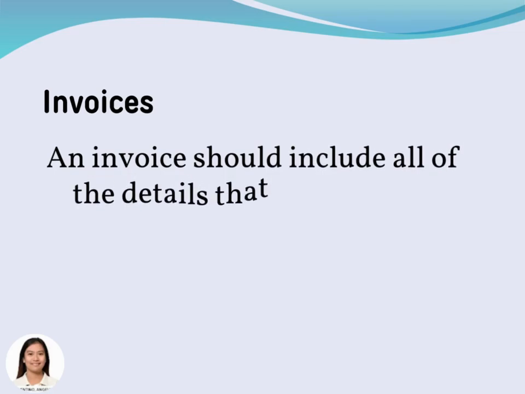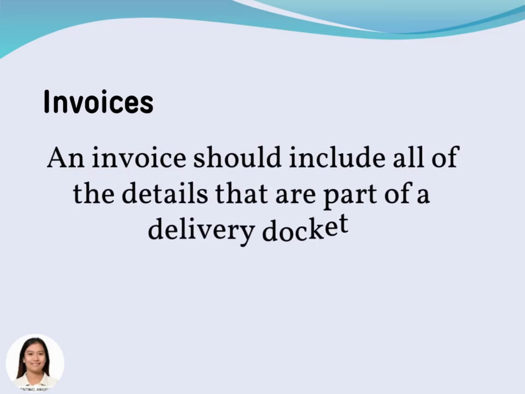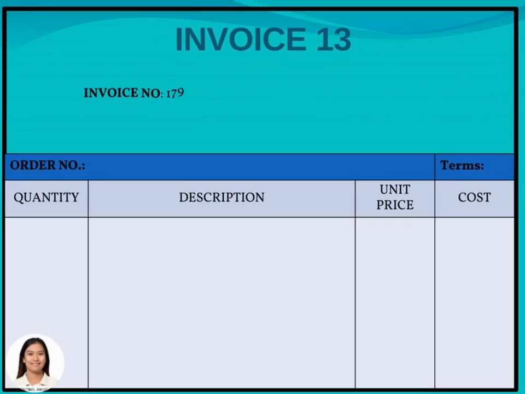Invoices. An invoice should include all of the details that are part of a delivery docket. An invoice is sent by the supplier for the payment of the supplied goods and services. Invoices are similar to delivery dockets, but also list units, price, and totals.